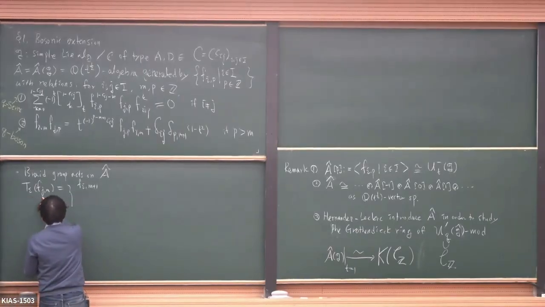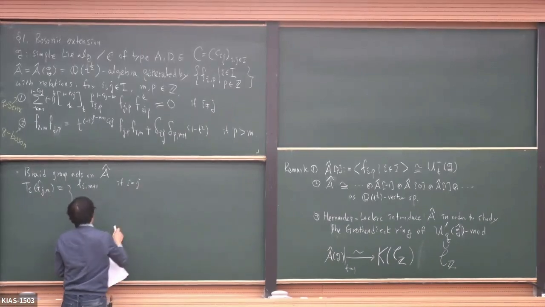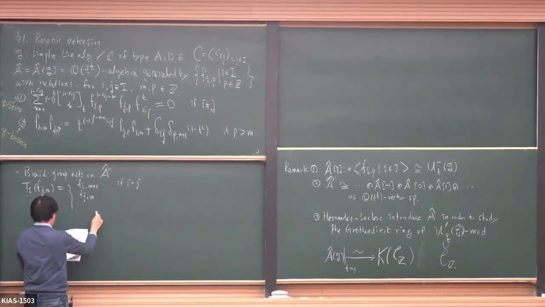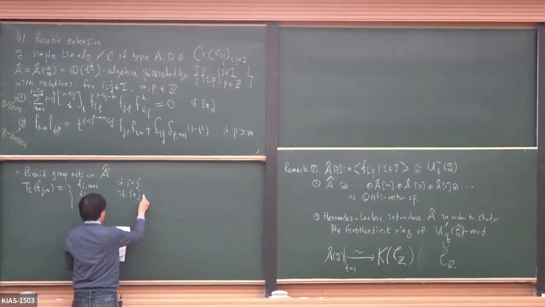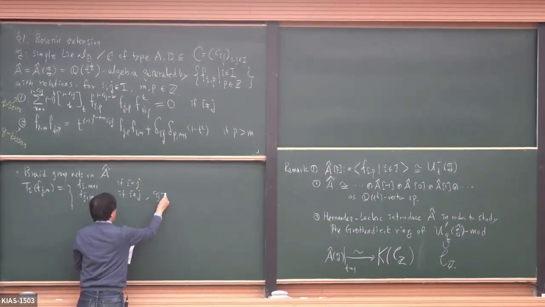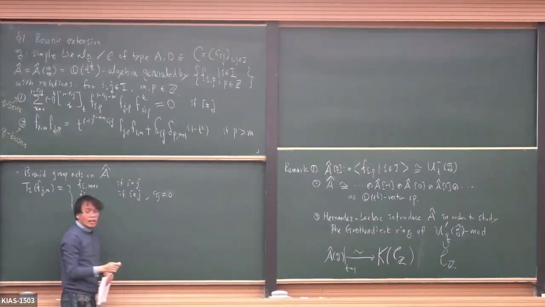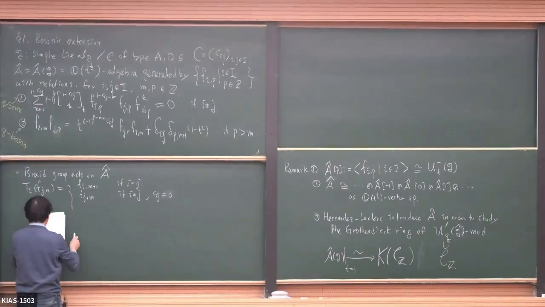It sends the generator F_j^m to F_i^{m+1} if i is equal to j. It changes nothing if i is not equal to j and they are not adjacent, that is, a_ij is equal to 0. If they are far from each other in the Dynkin diagram, then T_i doesn't change F_j^m.